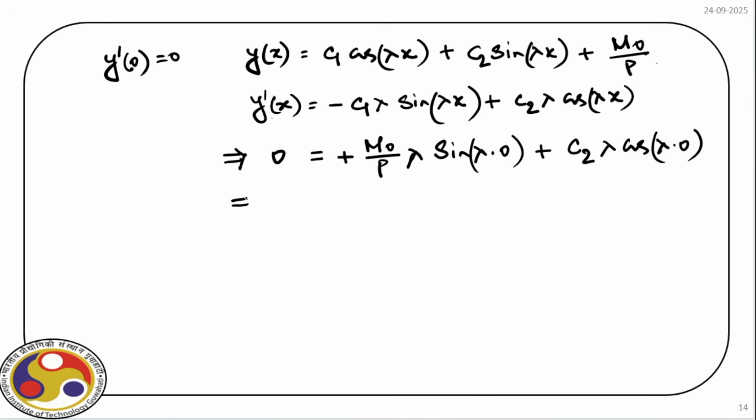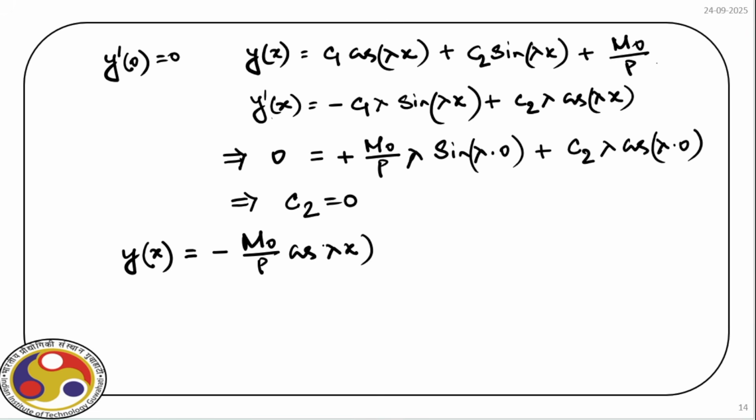C1 is minus m0 by p, so this will be plus. Therefore, what we get is C2 is equal to 0. So you can see we have the deflected pattern y of x is equal to minus m0 by p cos lambda x plus m0 by p, because C2 is 0.